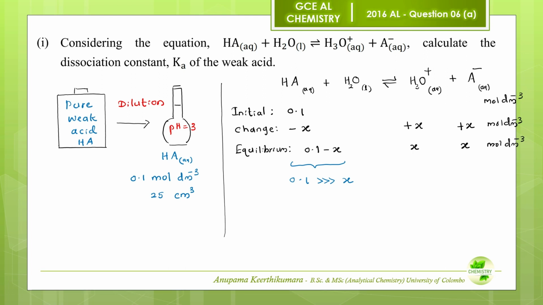Usually, weak acids undergo partial dissociation and the dissociated amounts are very small compared to the initial concentration. Therefore, we can assume 0.1 minus X is almost the same as 0.1. At equilibrium, the concentration of H3O plus is the same as the concentration of A minus.